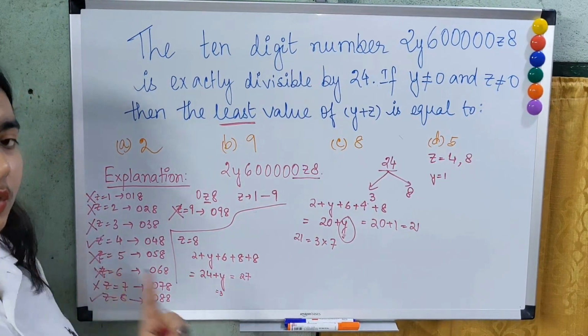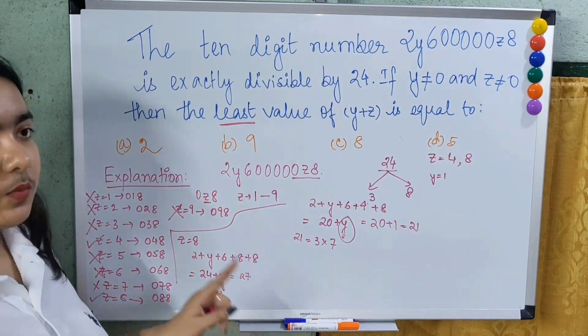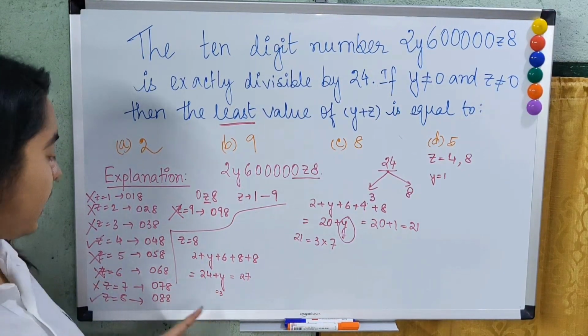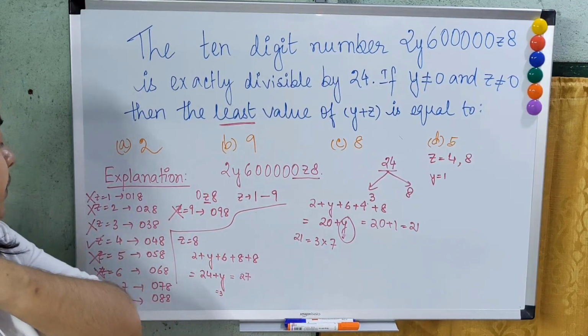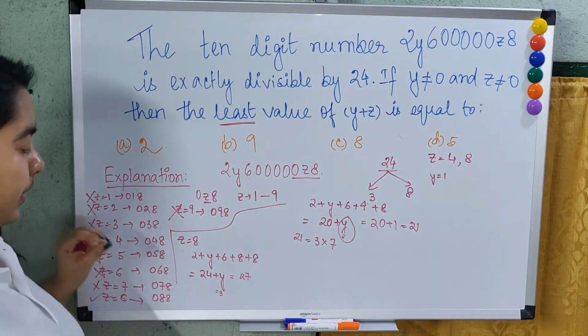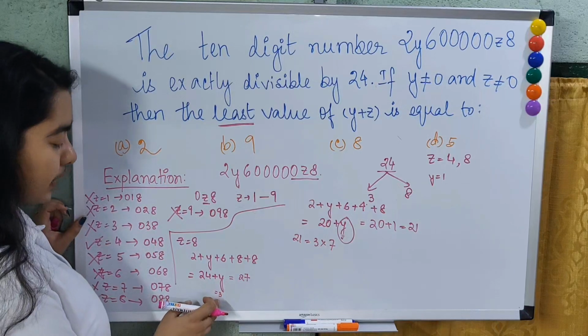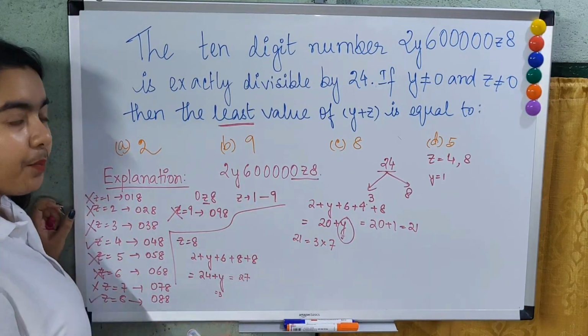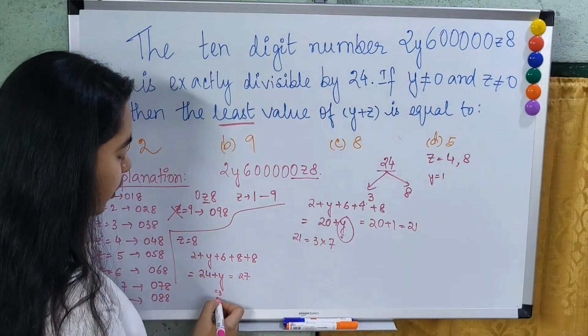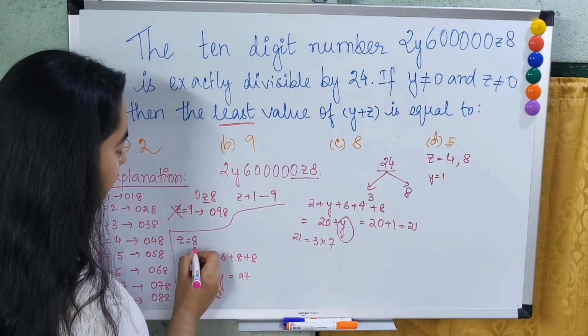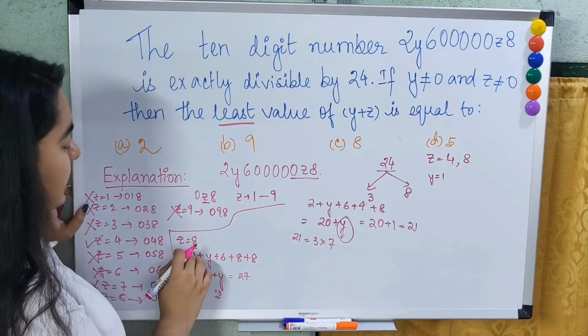Because if y is equal to 1, it is 24 plus 1, 25, which is not divisible by 3. If y is equal to 2, then 24 plus 2 is 26, which is not divisible by 3. So if y is equal to 3, the least value of y can be 3. So this is 27, with y equal to 3 and z equal to 8.